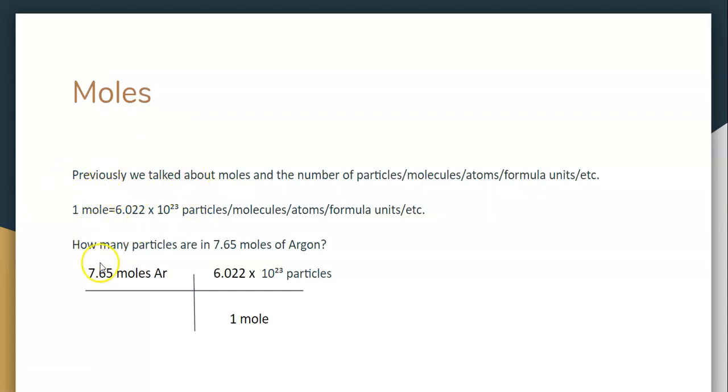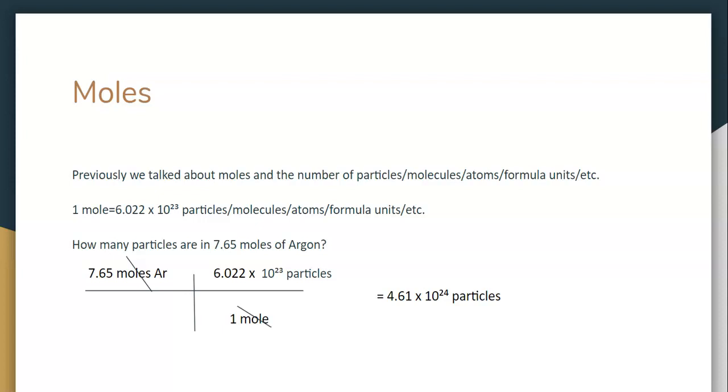So I would cross out my moles, and I get 4.61 times 10 to the 24th particles. I'm going to multiply across because they're next to each other, and I'm going to divide by the bottom, which is just 1. So hopefully you remember doing that in the past.